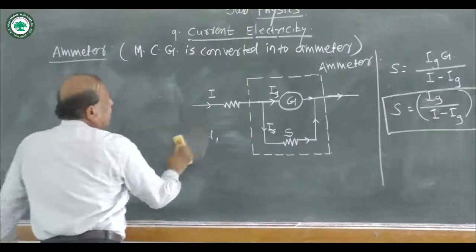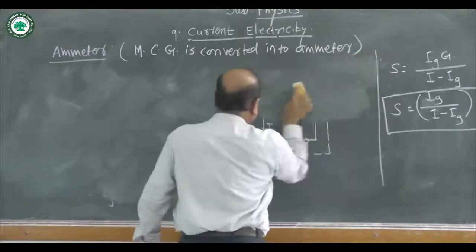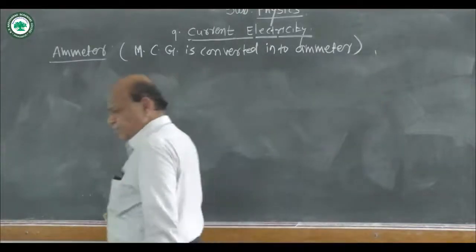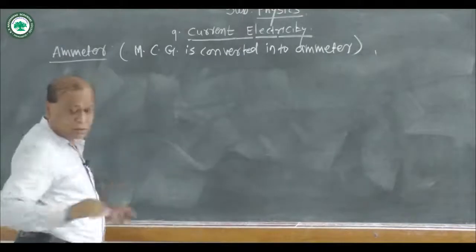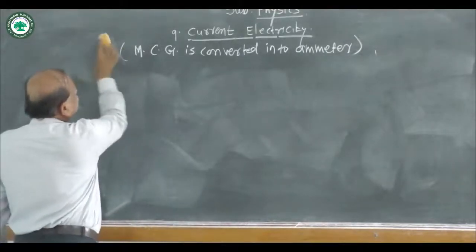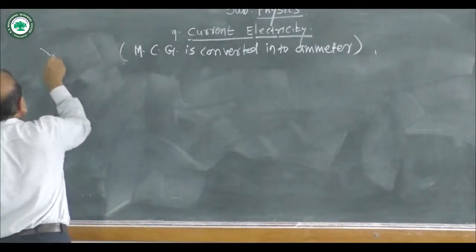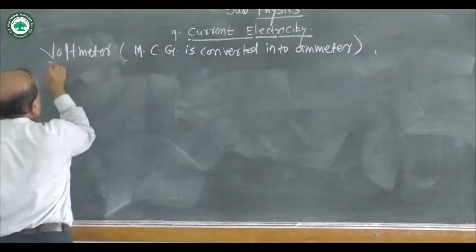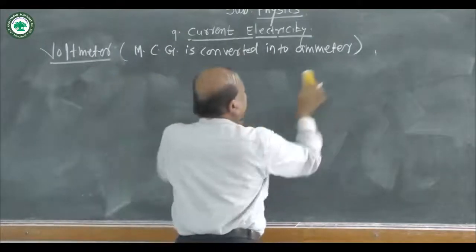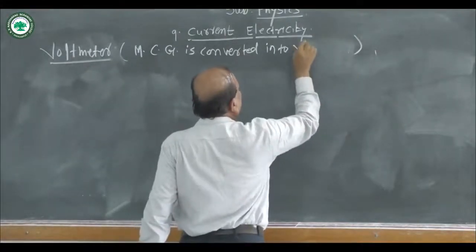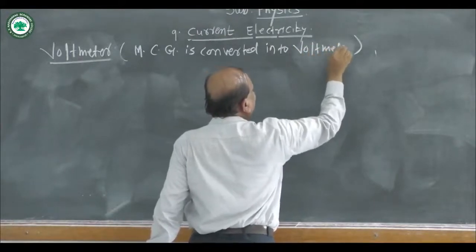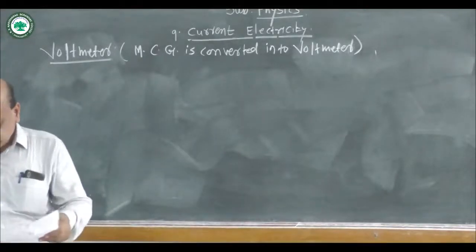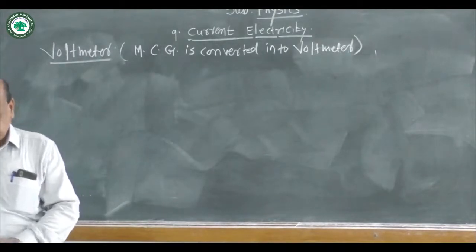We have to study how this moving coil galvanometer is converted into a voltmeter, which measures potential difference across two points of a given circuit.